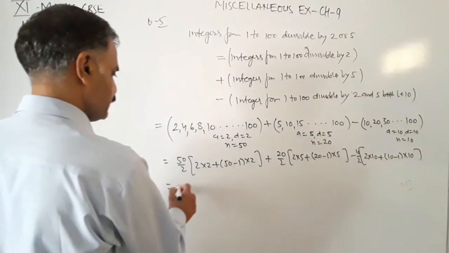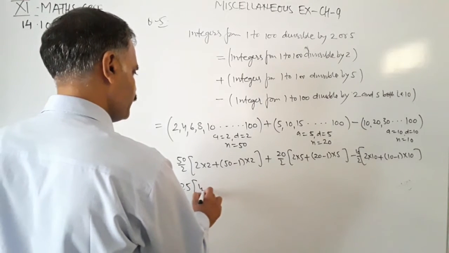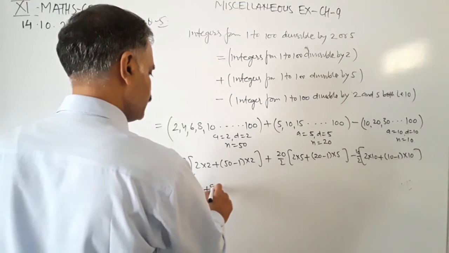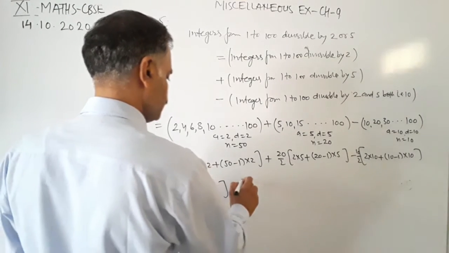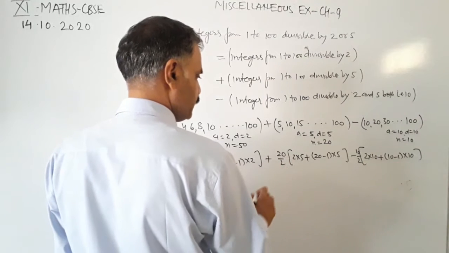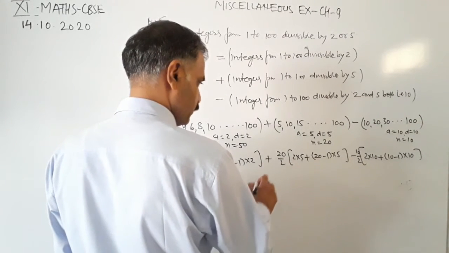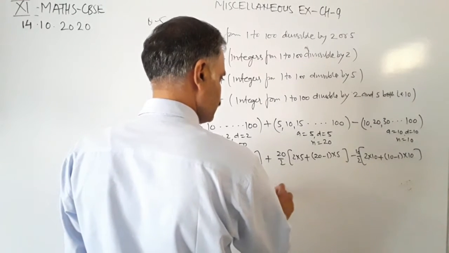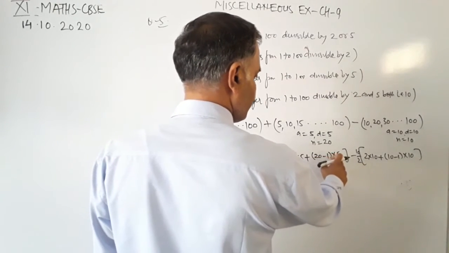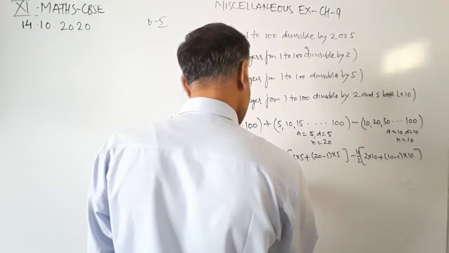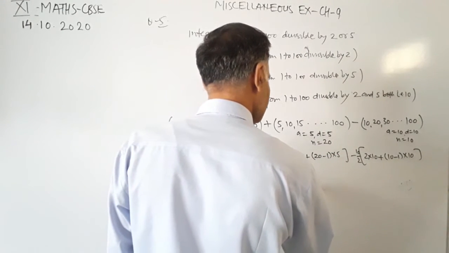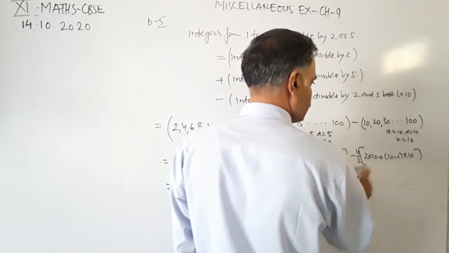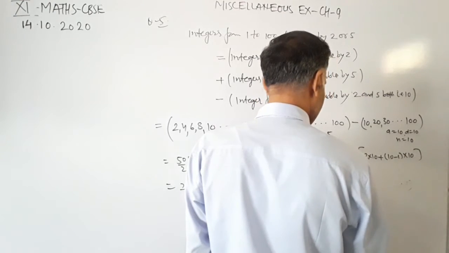Okay, so this is equal to 50 by 2, 25 into 4 plus 50 minus 1 into 2, 49 into 2, 98, plus 20 by 2, that is 10, into 2 5 is 10 plus 20 minus 1, 19 into 5, 95, minus 10 by 2, 5, 20 plus 10 minus 1, 9 into 10, 90.